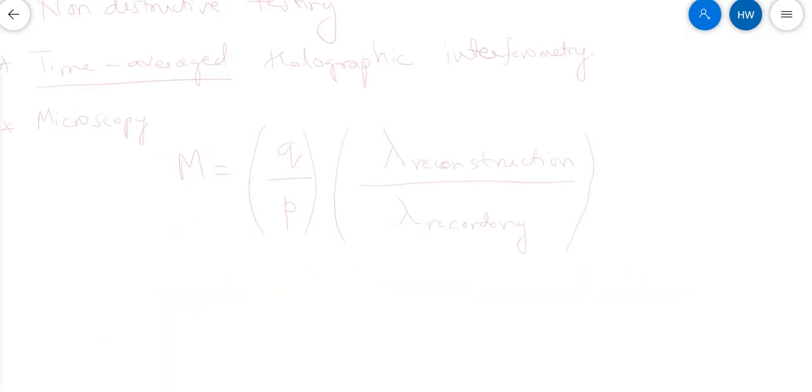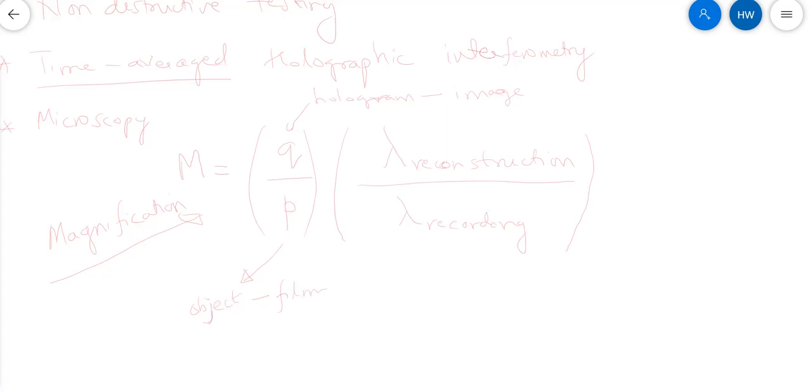In microscopy, this is the magnification that you get, wherein the magnification is given by these ratios, where Q is the distance of the hologram to the image, whereas P is the distance of the object to the film.